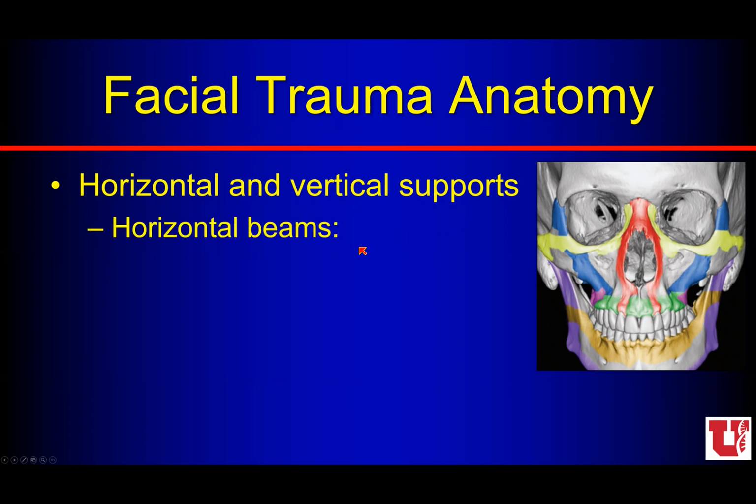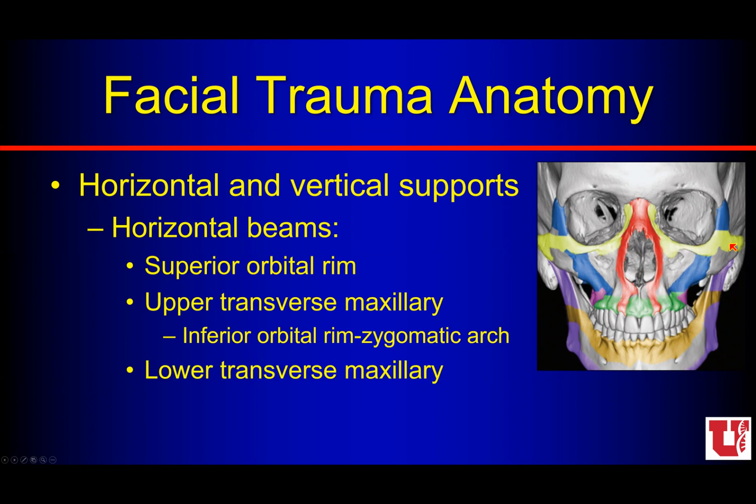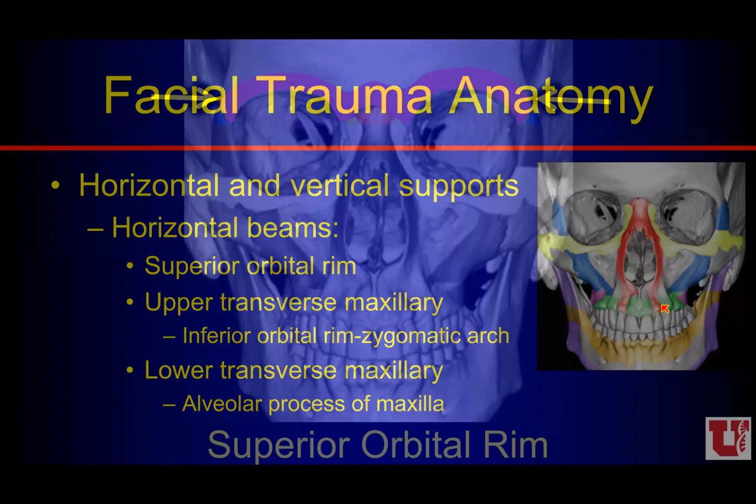So we have both horizontal and vertical supports or struts or buttresses around the facial bones. There are horizontal beams with a superior orbital rim and upper transverse rim right here, and that is sometimes called the inferior orbital rim, connecting to the zygomatic arch. And we have the lower transverse maxillary, the alveolar process right here of the maxilla itself.